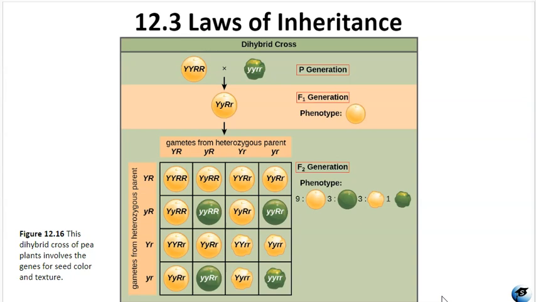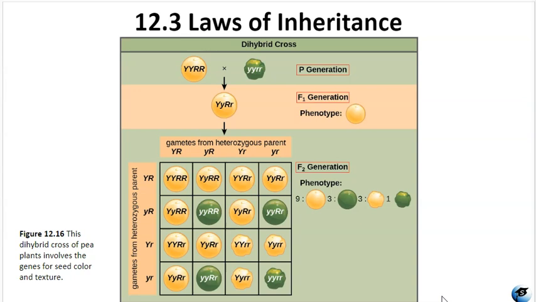By arranging the gametes in a Punnett square, we obtain 16 equally likely genotypic combinations, and from these genotypes we can infer a phenotypic ratio of 9 round and yellow to 3 round and green to 3 wrinkled and yellow to 1 wrinkled and green. And these ratios are what we would expect from a large enough sample size.